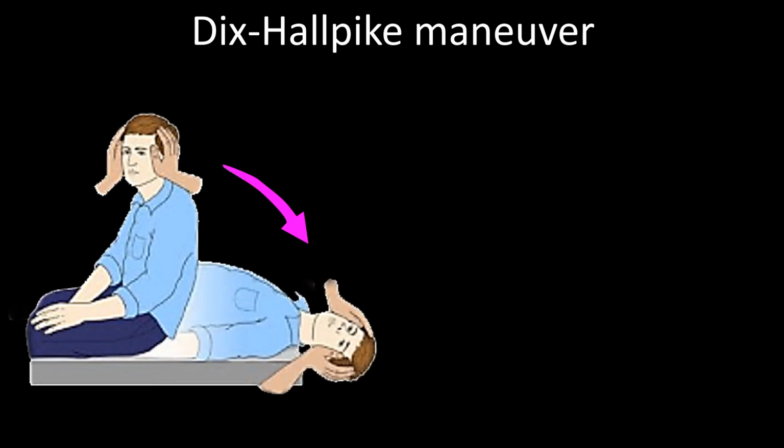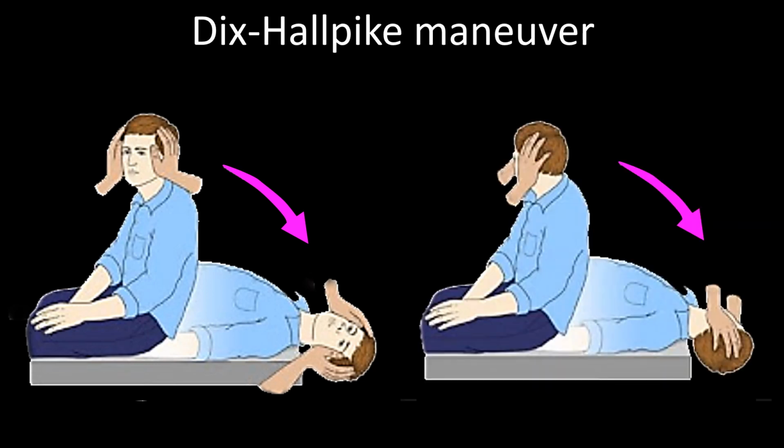This maneuver is performed with the patient in a sitting position, and from that position we turn the head of the patient to one side, as you can see in this frame. From sitting position, the patient lays down with the head lower than the body and tilted, as you can see in this frame. Then the same thing is done on the other side. The presence or absence of nystagmus should be noticed.